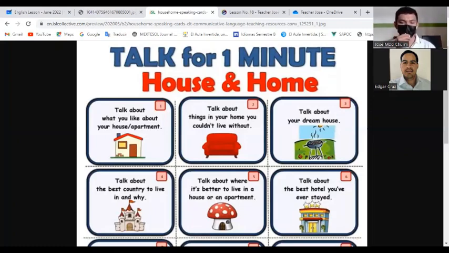I'm at home. Y si decimos, I am in my house, podemos decir que estamos, por ejemplo, en el baño, en la cocina, en diferentes cuartos. Okay? Can you notice this difference?